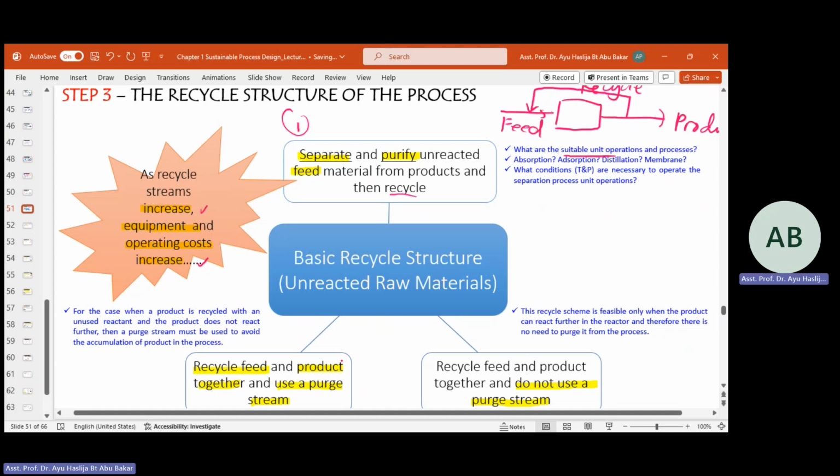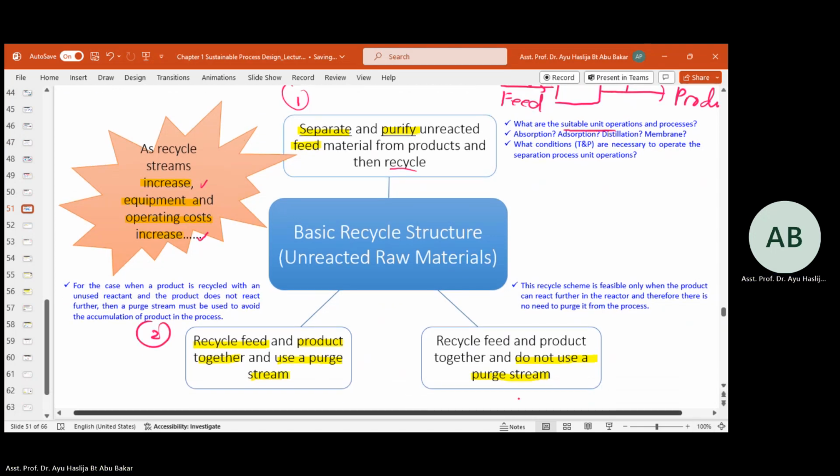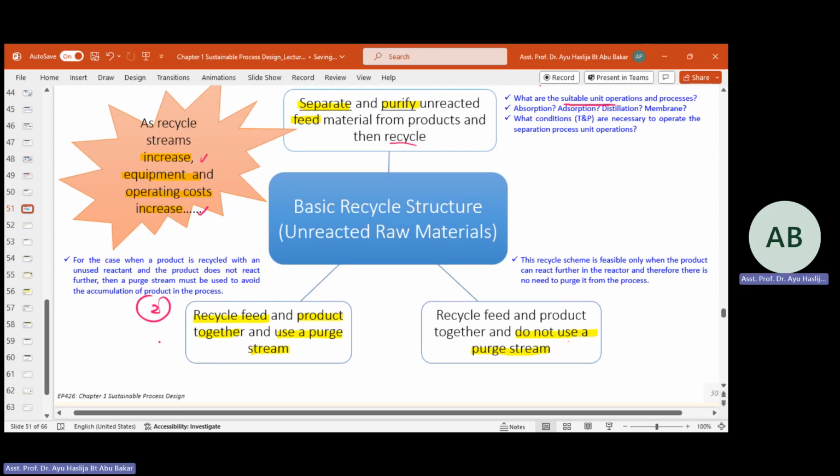Now, the second method is this one. Recycle feed and product together and use a purge stream. Okay, here, let's say you have product, feed.